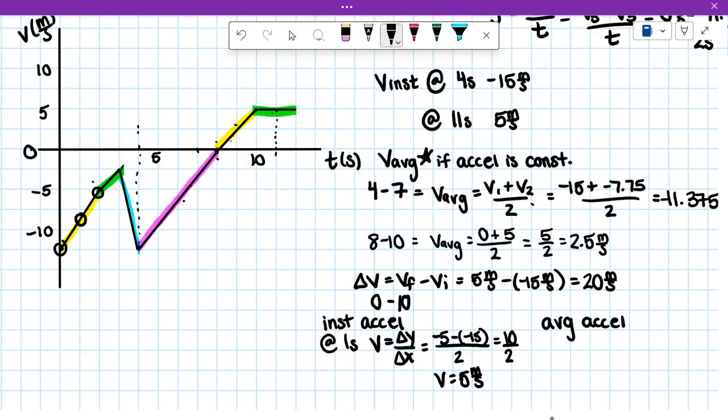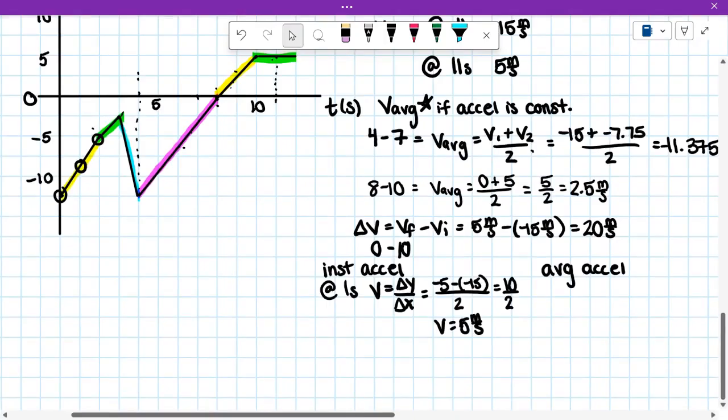Okay, so again, to find instantaneous acceleration, you're just finding the slope of the line at any point. So if I wanted to find the instantaneous acceleration at 6 seconds, I could find the slope of this pink line. So change in y over change in x, it doesn't matter what part of the line you do the slope on. I usually go start to finish.